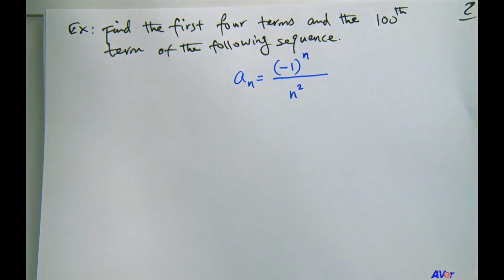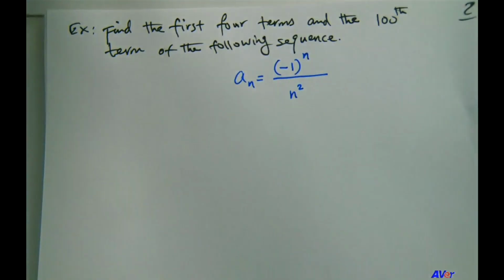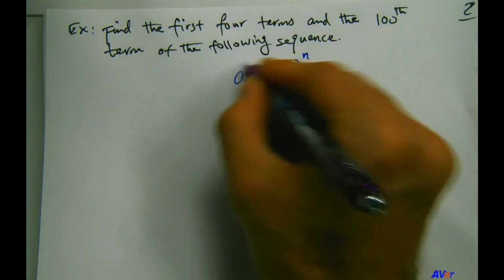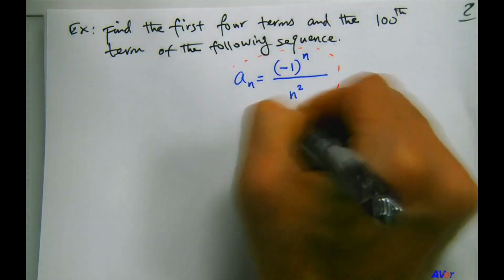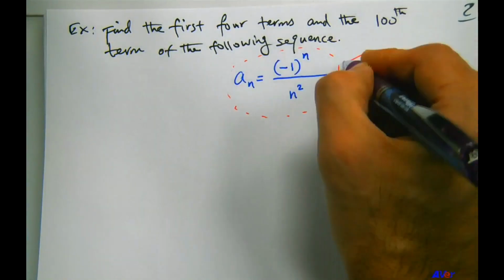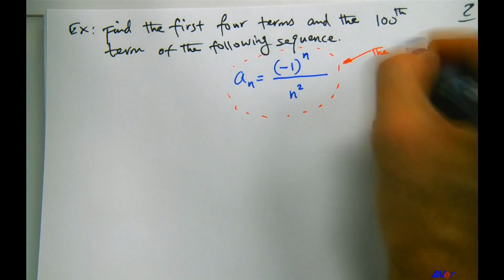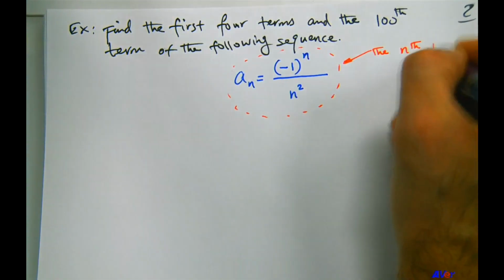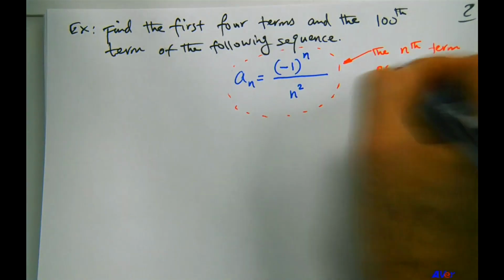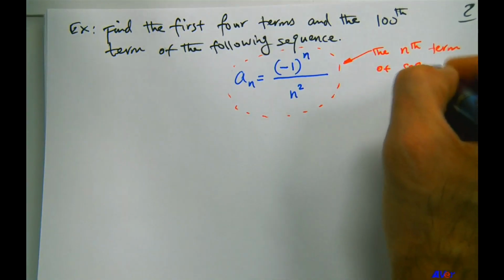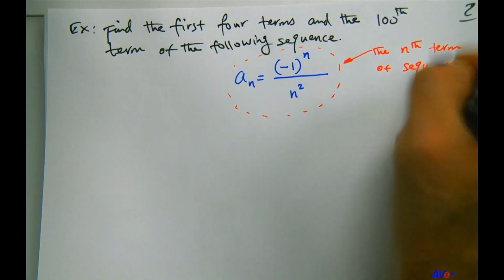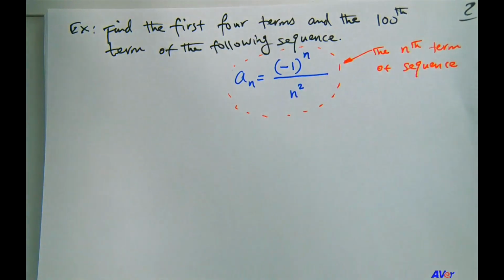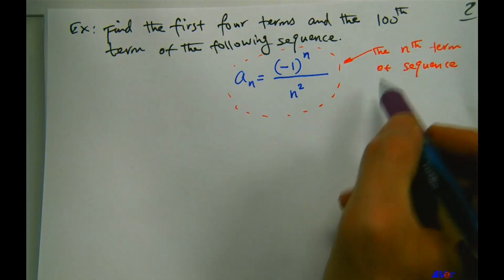And this whole thing has a name. It is called the nth term of a sequence. We will talk about all of this in more detail in the coming minutes.